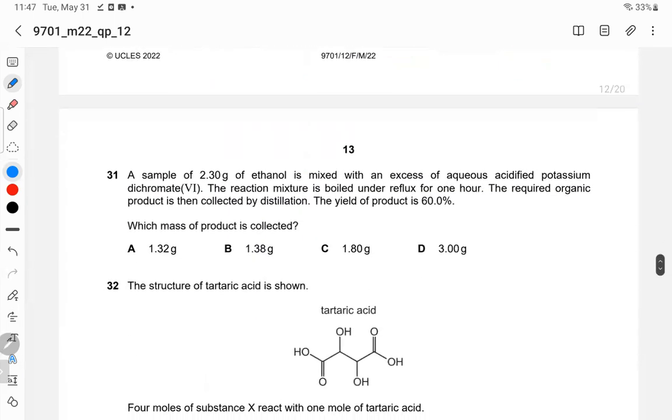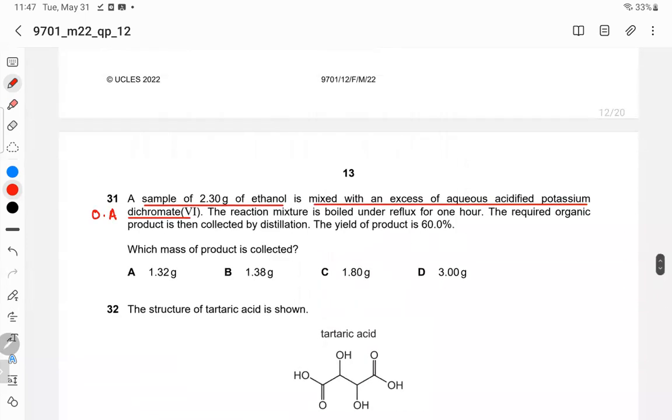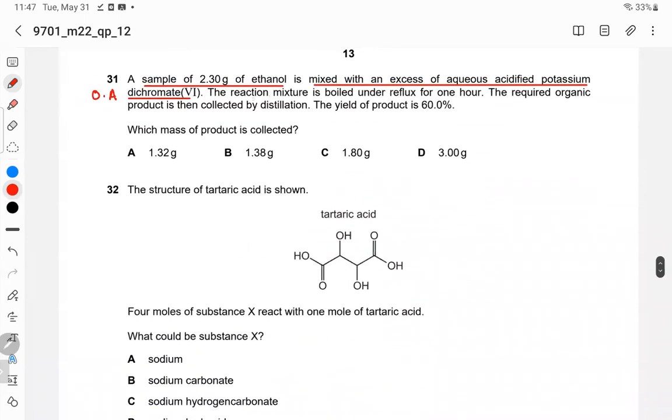Okay. Now question number 31. A sample of 2.30 gram of ethanol is mixed with an excess of aqueous acidified potassium dichromate. If you recall, dichromate is an oxidizing agent, right? The mixture is boiled under reflux for 1 hour.